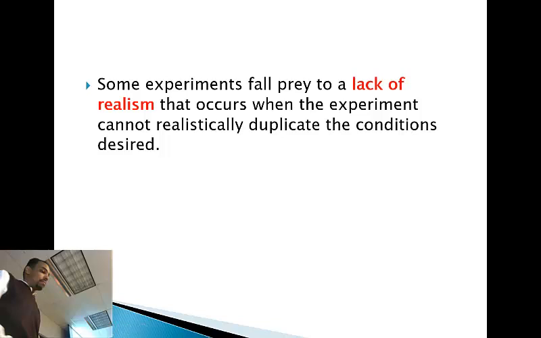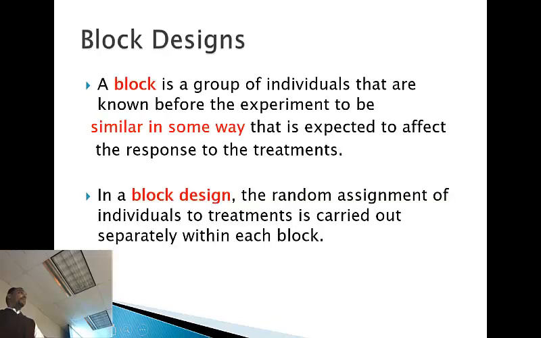All right, so a block is a way of dividing people into some similar group. So in the sampling world, you had this thing called stratified sampling, where you divided people up into different strata.